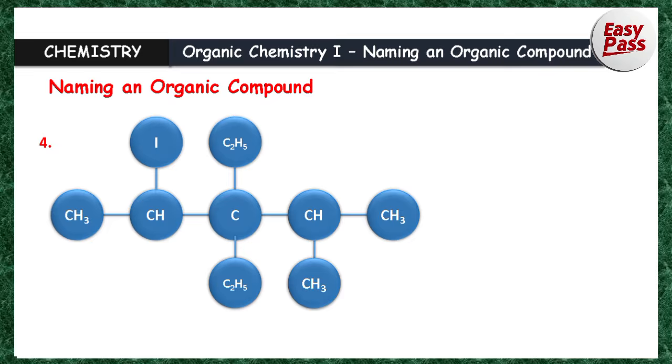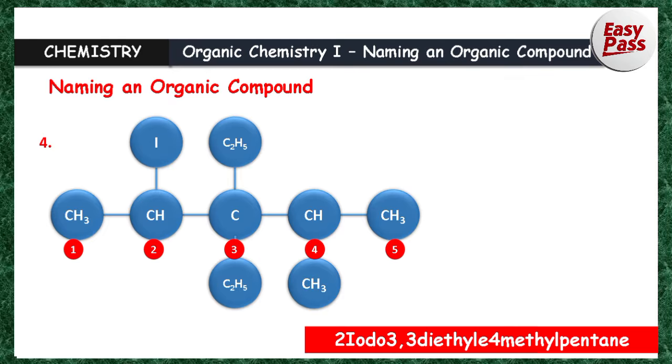Example here, we have 1, 2, 3, 4, 5. Our parent root hydrocarbon there is 5. Our 5 is what? Pentane, because this compound belongs to alkane family. Here you have a radical element plus 2 organic groups. You have to start the number from here. 1, 2, 3, 4, 5. We have 2-iodo. E comes before what?